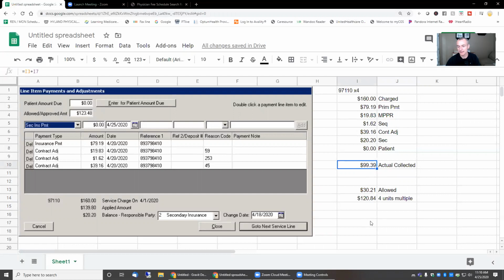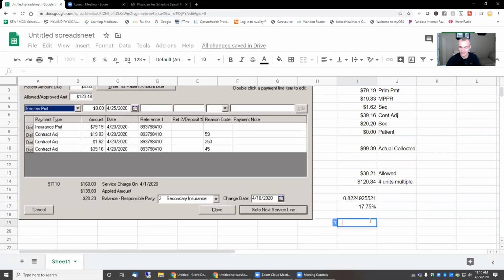So if we want to look at the effect of MPPR, for example, what we can do is we can say, let's take, I think this is how we do it, this divided by this, and we're going to say equals 1 minus this. So that's about 17%. I'm going to make that a percent.